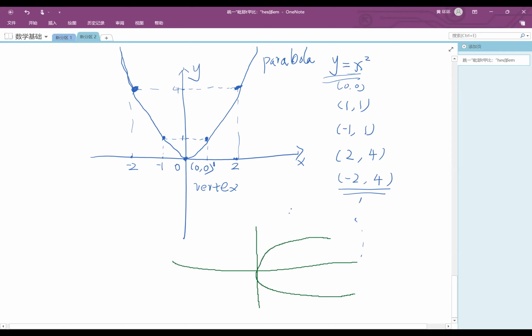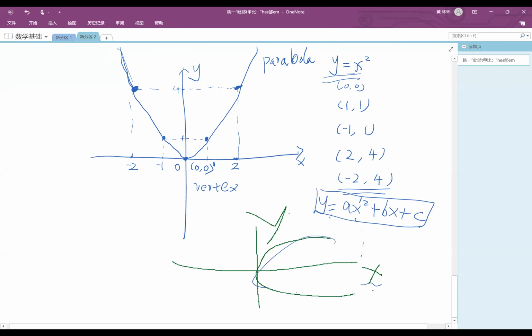Ashi, can it be a parabola like this? If the equation is y equals ax squared plus bx plus c, the graph of this equation must be upward or downward, not this.